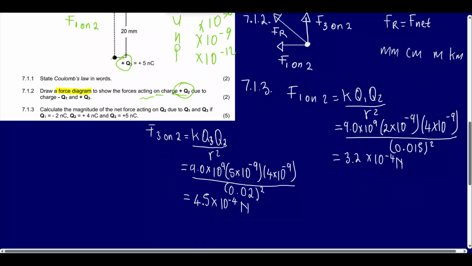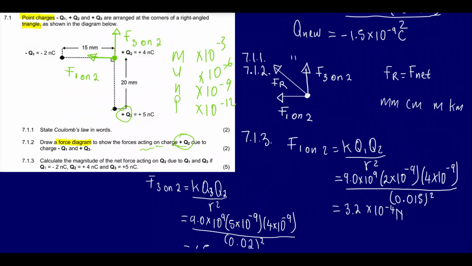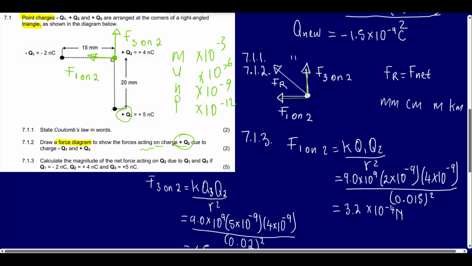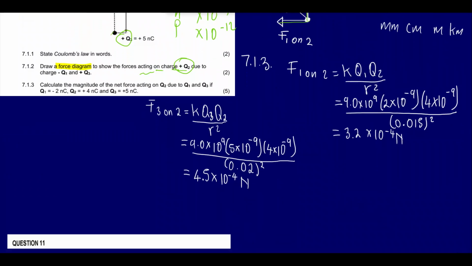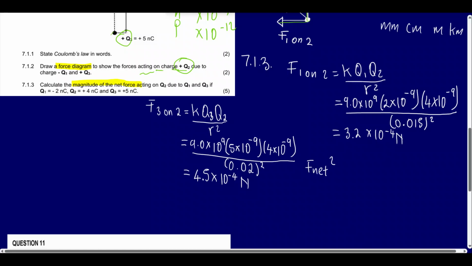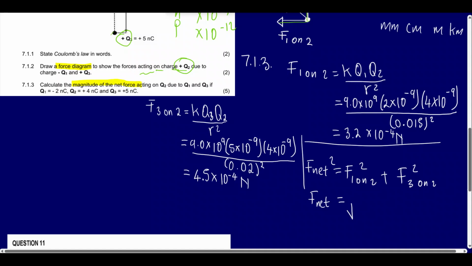But now remember, the two forces we got here represent this one and this one over here, right? So they're perpendicular to each other, like I said, so we'll have to get the net force, since the question is asking for the magnitude of the net force. So the square of F net is going to be force 1 on 2 squared plus force 3 on 2 also squared, right?